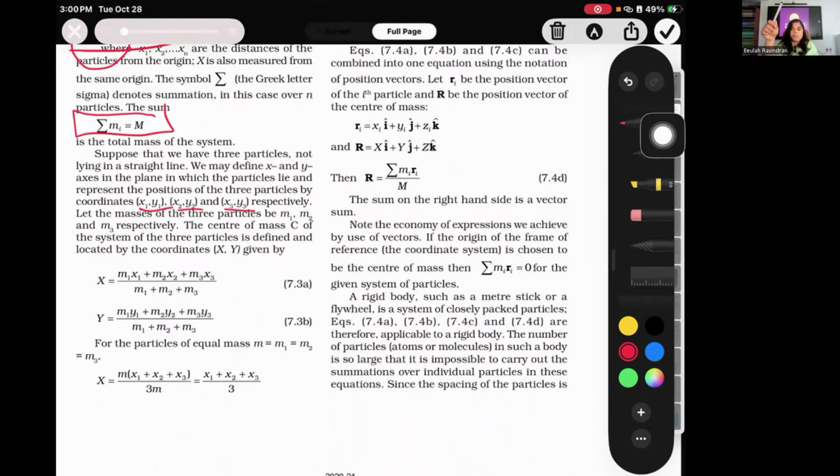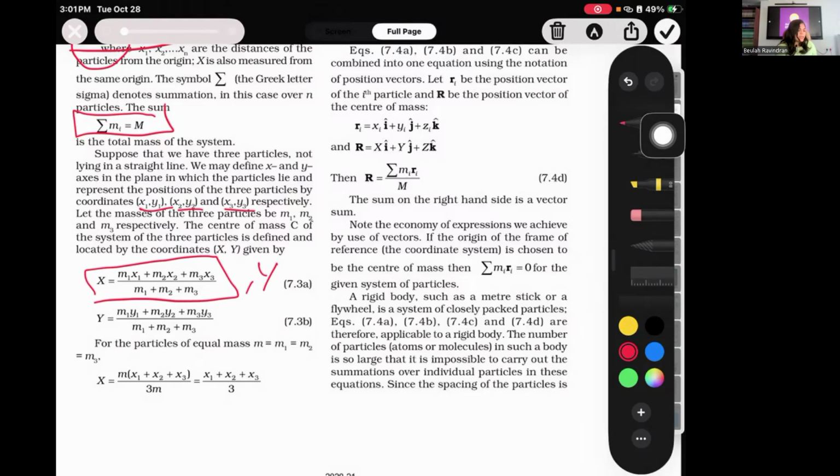Okay. So first you saw the two-particle system. Now it is a three-particle system, so x1, x2, x3, y1, y2, y3 it is extended. Two particles we can do, three particles we can do, four particles, until n particles we can do. If it is 1D, you have to take only one axis. If it is 2D, you have to take x comma y.